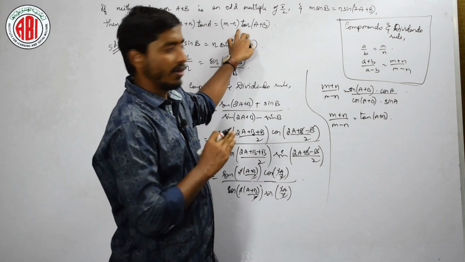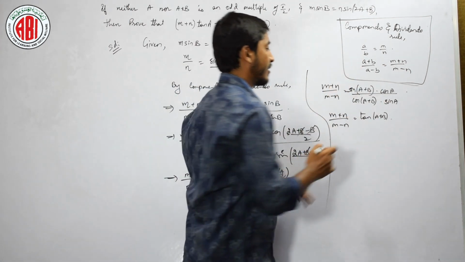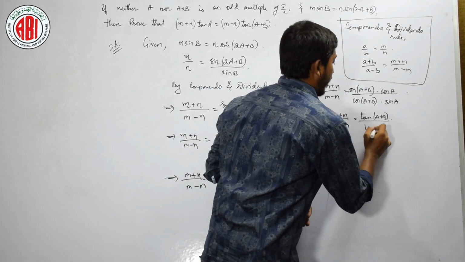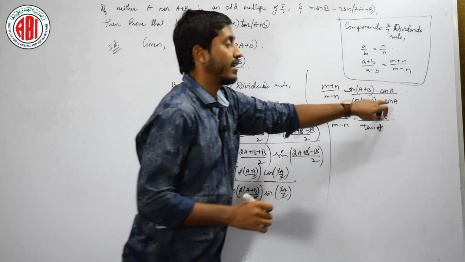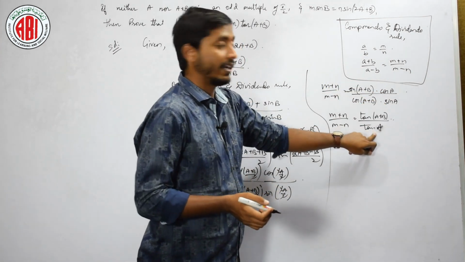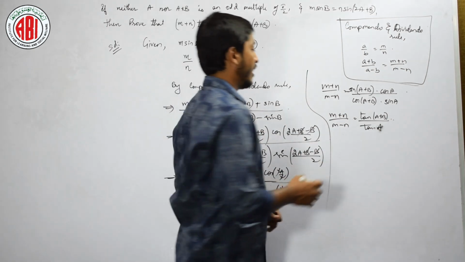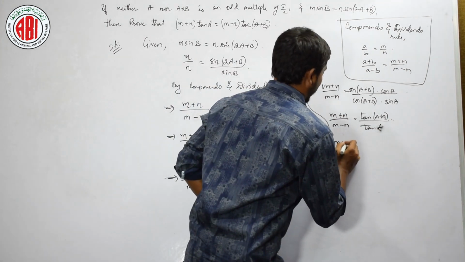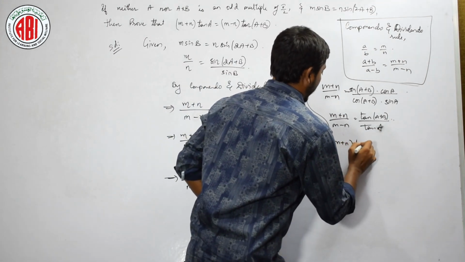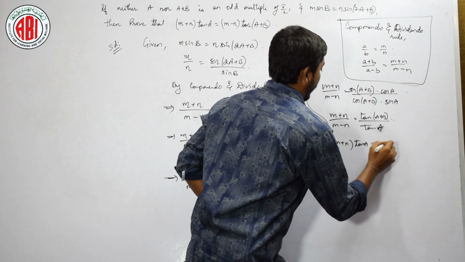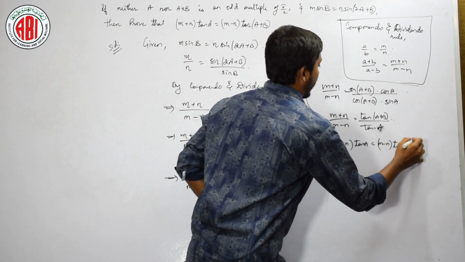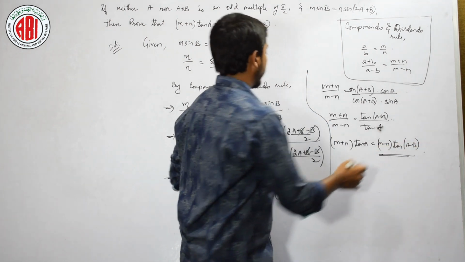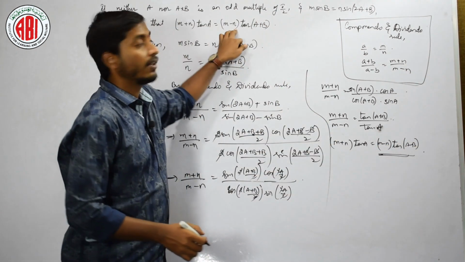No, therefore there is only tan. Let us write it as tan a in denominator. Okay, see here cos a by sin a is cot, if it is in denominator it will be tan, right? Let us cross multiply, that will be m plus n into tan a is equal to m minus n into tan of a minus b. That is what he asked us to prove, right?